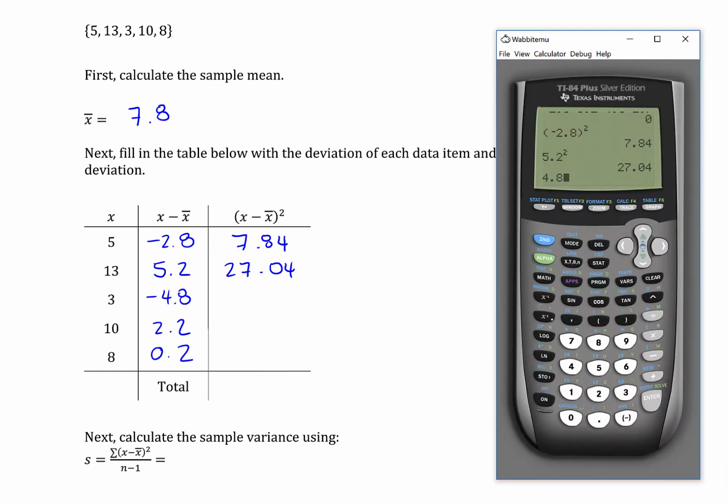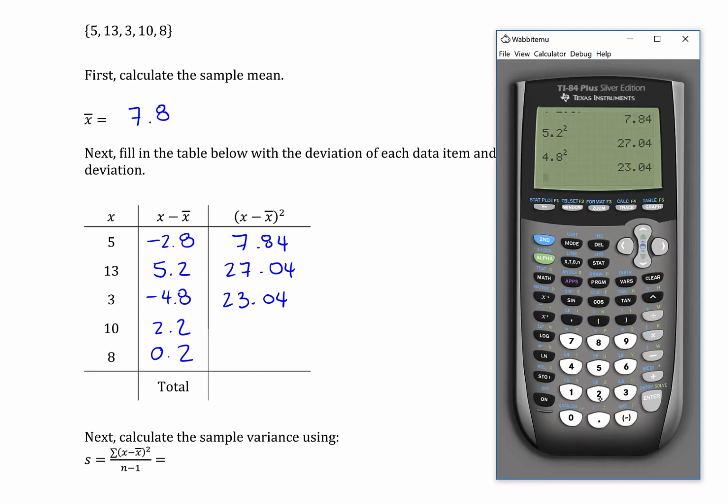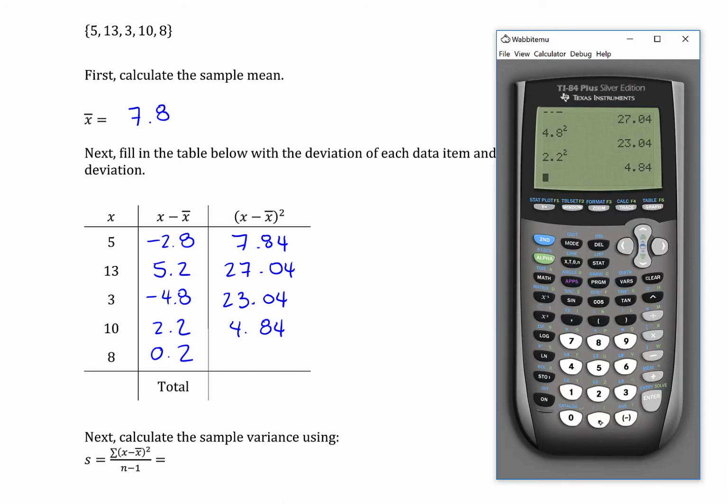Negative 4.8 squared, and I'm not bothering with the negative here because I know it'll end up being positive, is 23.04. Then 2.2 squared is 4.84. And 0.2 squared is 0.04.